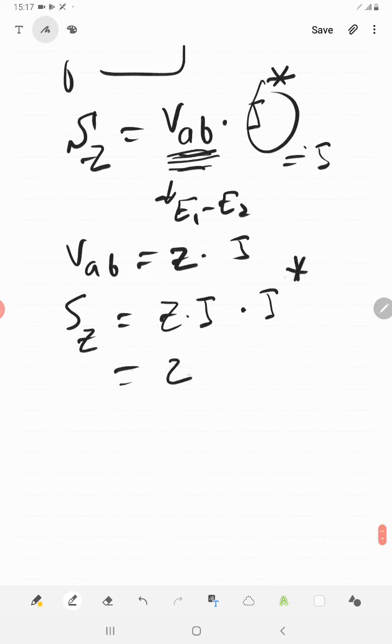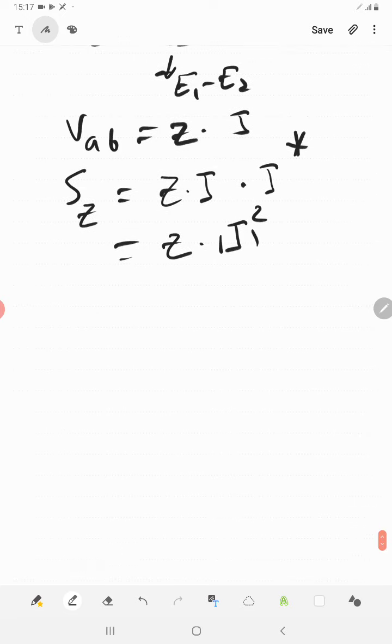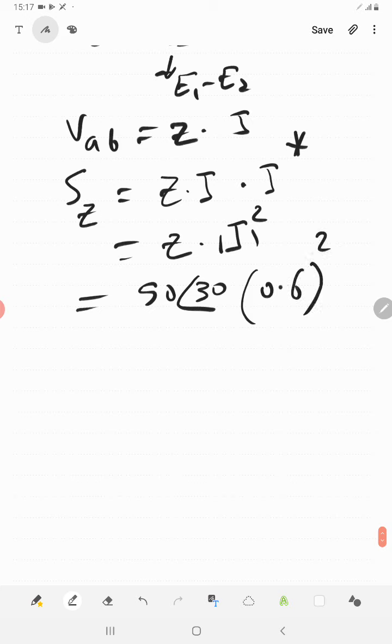Here it will be Z times the absolute value of I squared. Okay, so we can calculate that. S in Z equals Z times I squared. So Z will be what? 50, okay, angle 30, times the absolute value of I squared, 0.6 squared. So 0.6 times 0.6 times 50 is equal to 18.